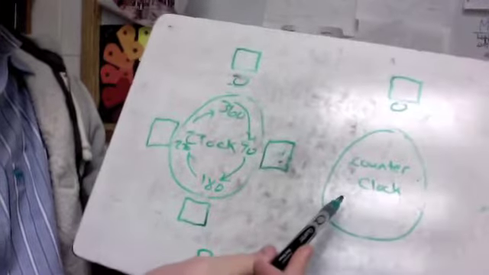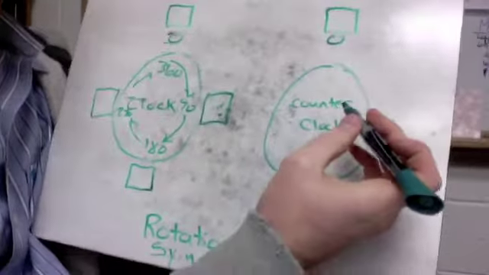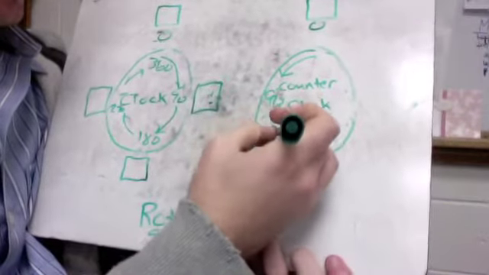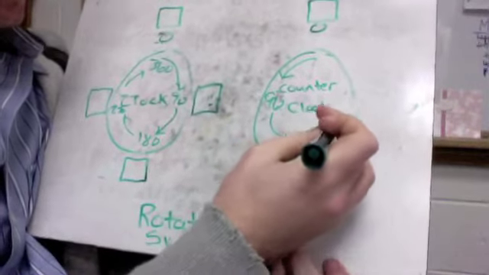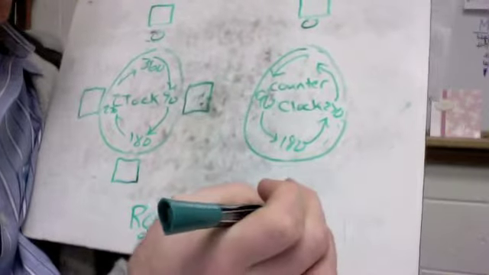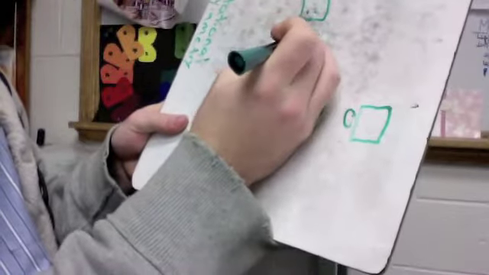Okay? Now, counterclockwise. Going back the opposite direction of a clock. So if I go this way, I go to 90, and I'd keep going to 180. My 270 is going to be over here, and then I stop right there. So counterclockwise 90, still have our square.